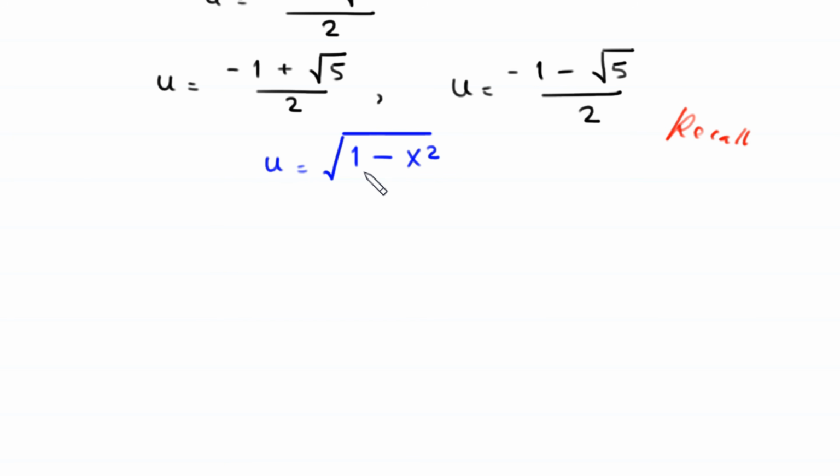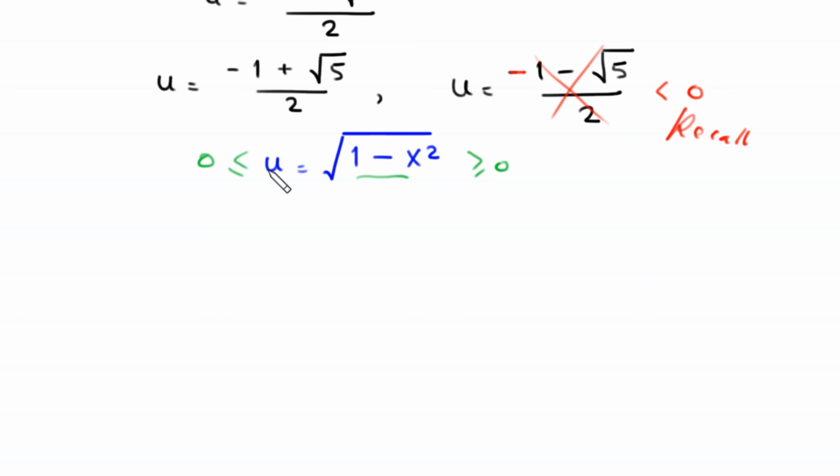Since this 1 minus x squared is greater than or equal to 0, so this u must be greater than or equal to 0. Because this negative 1 minus root 5 over 2 is less than 0, so this will be rejected, and we accept only this value of u, negative 1 plus root 5 over 2.